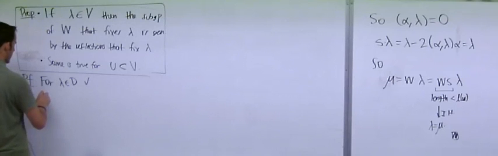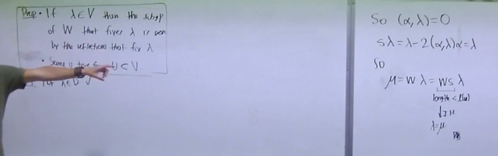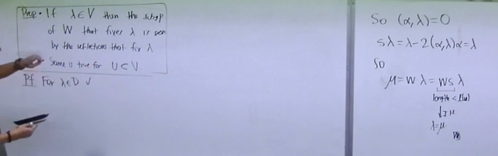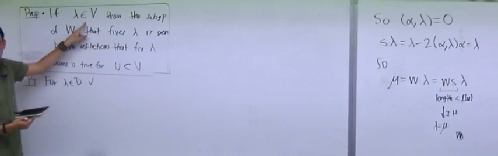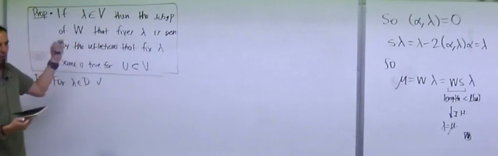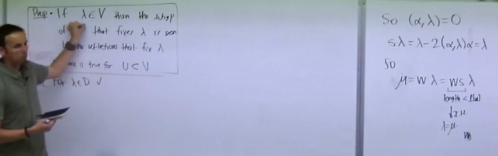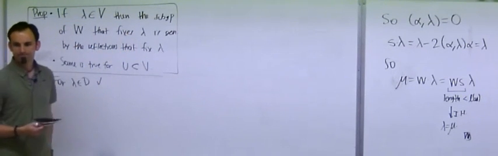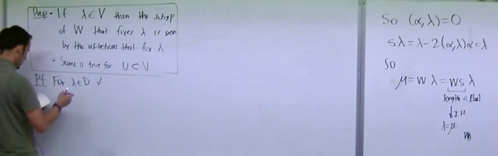So for other lambdas, you can imagine that I have a statement that is true for things that are in D. Now, here I have a statement about points that are in V, and I would like to reduce it to that statement. And the way to do that is that if I already prove something for the fundamental domain, I know that I can send this point to my fundamental domain.